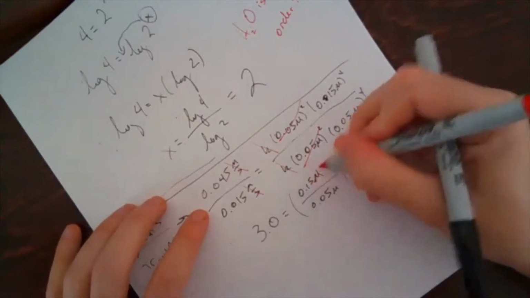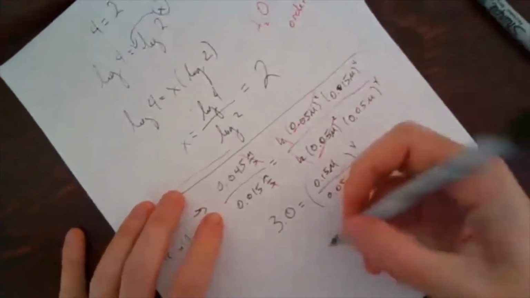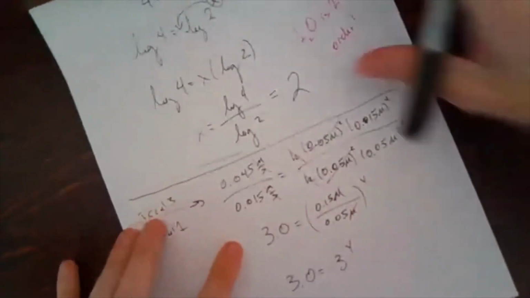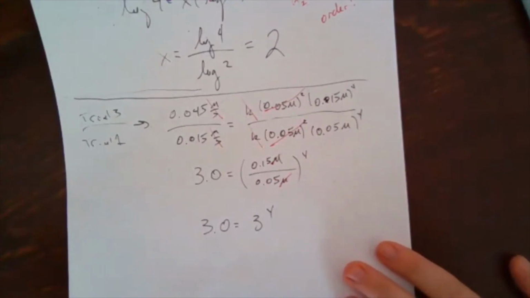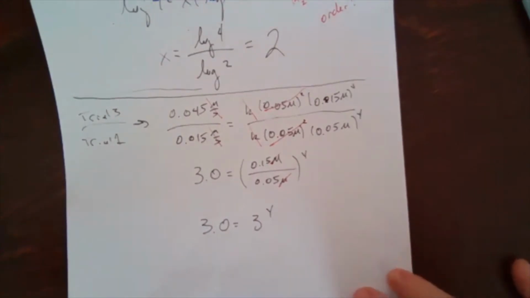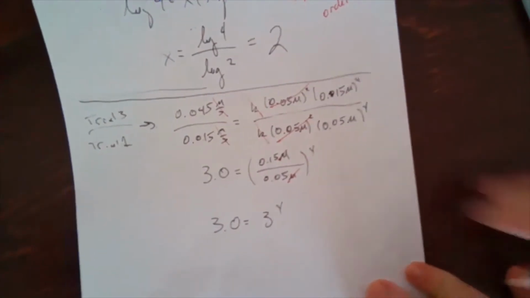We know those molarities cancel out. Three is equal to 3 to what power, not times what power, to what power. And if I want, I can do my logarithm.